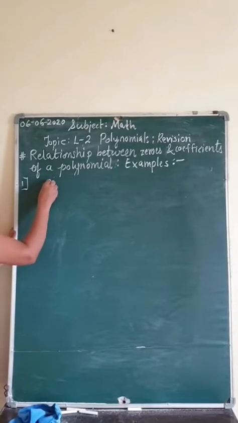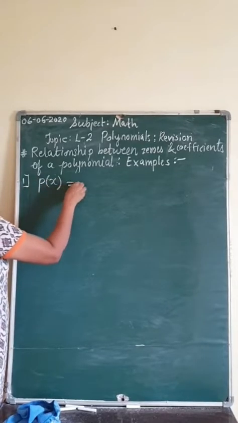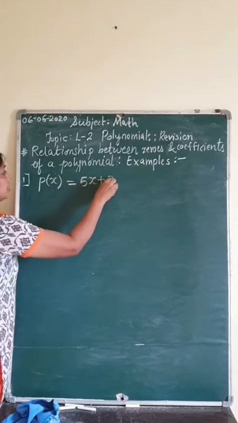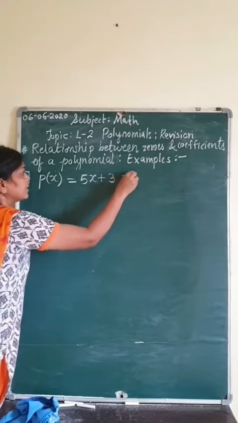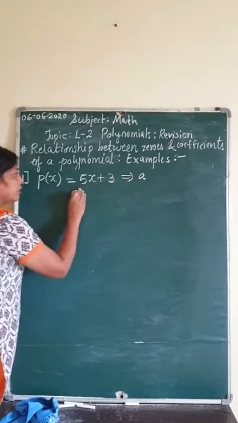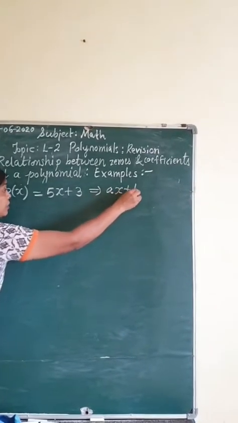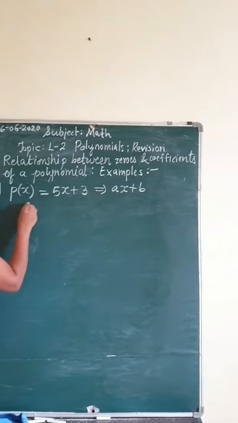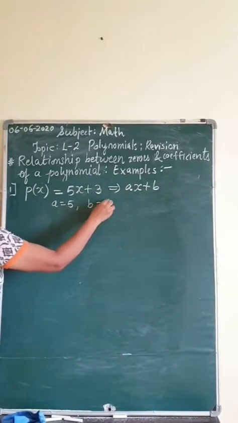Here is the example. If we have a polynomial p of x, 5x plus 3, here the coefficients will be written as follows. First we are writing this polynomial in the standard form ax plus b, and accordingly here we get a as 5 and b as 3.